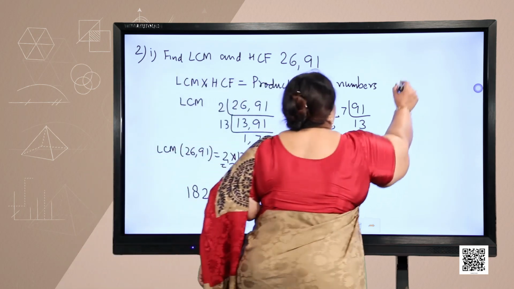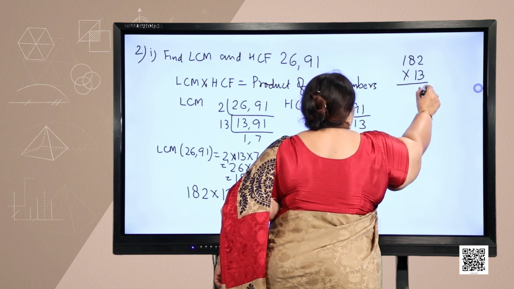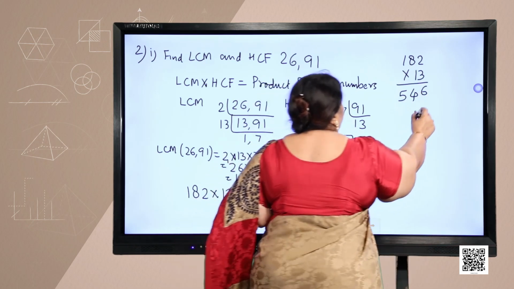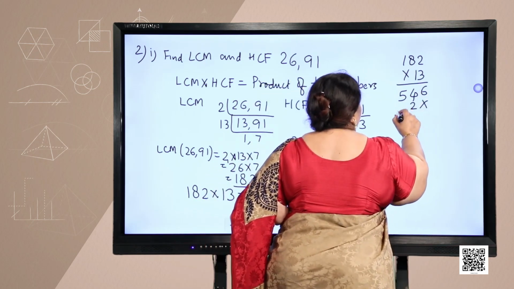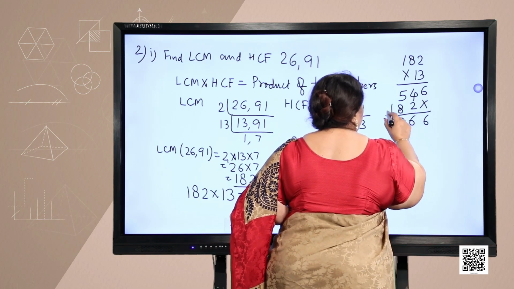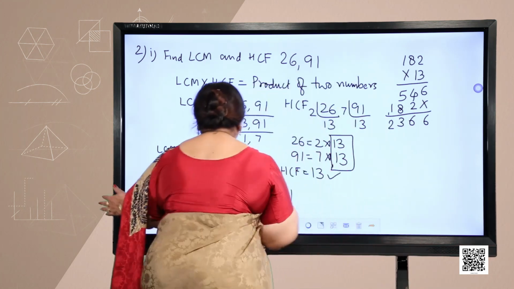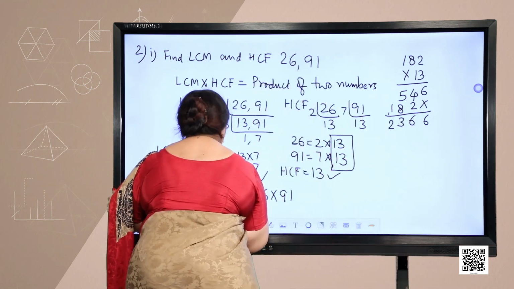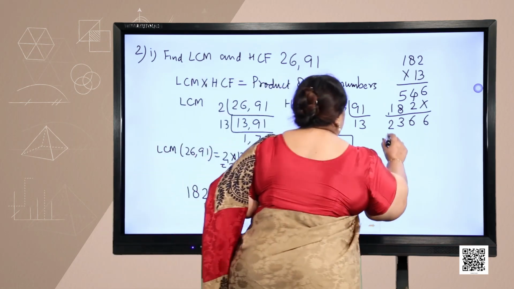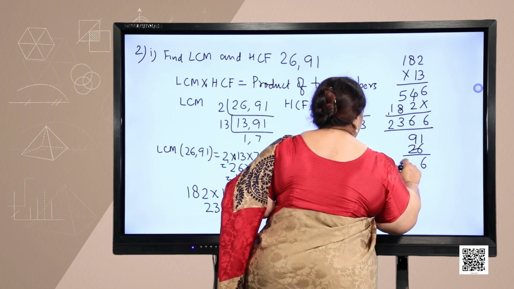Let us see, 182 multiplied by 13. 2 ones are 2, 8 and 1, I get here 2366. And what is 91 into 26?